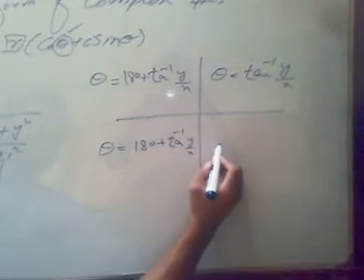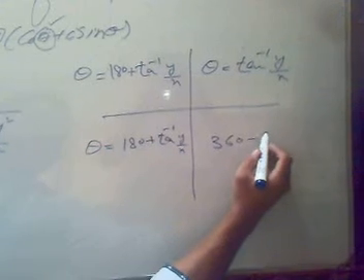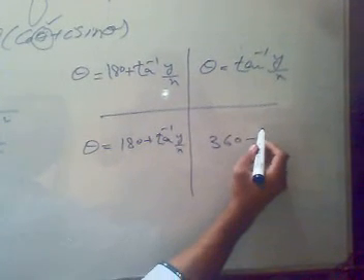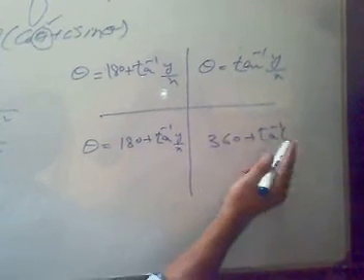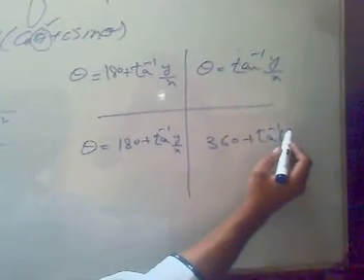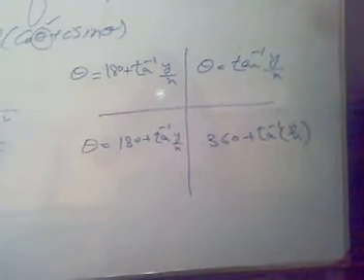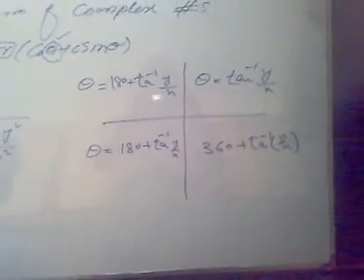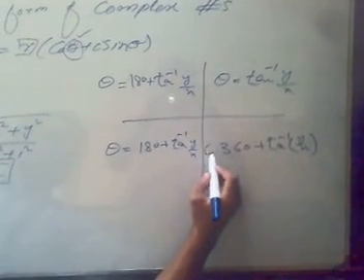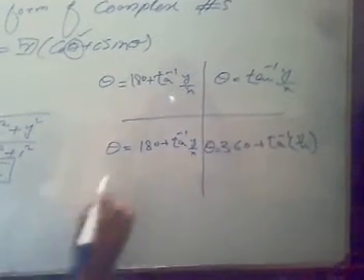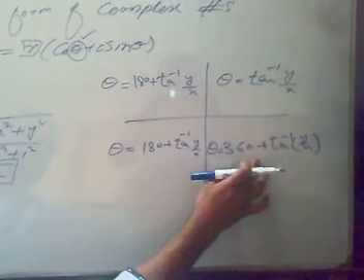And in the fourth quadrant it is 360 plus tangent inverse of y over x. I'll just check that later.